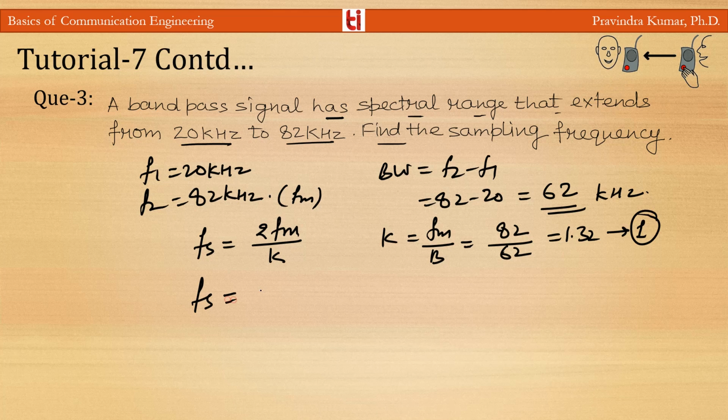So the sampling frequency will be 2fm, or 2 into 82, which is 164 kilohertz.